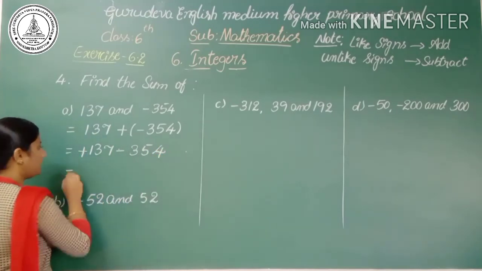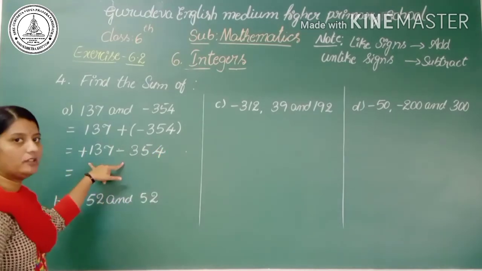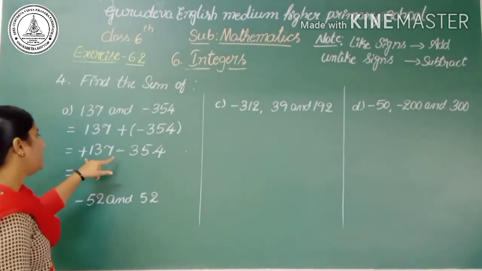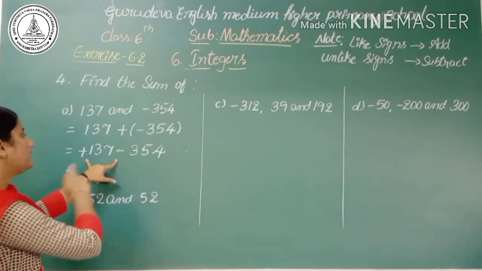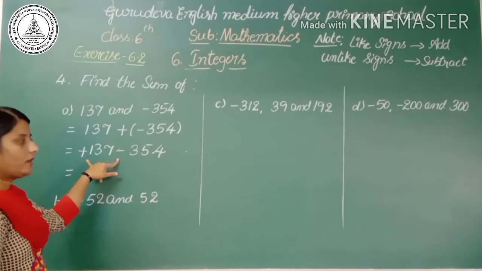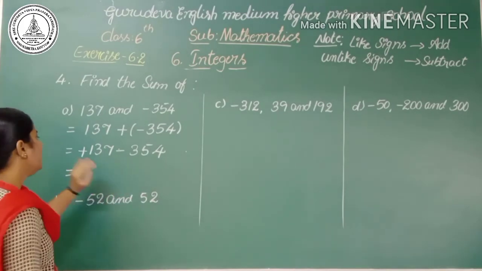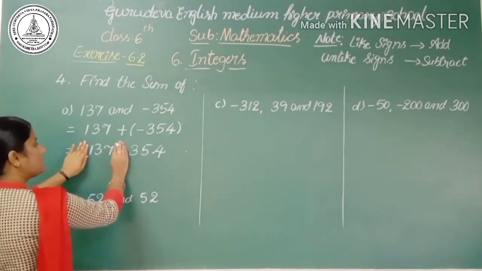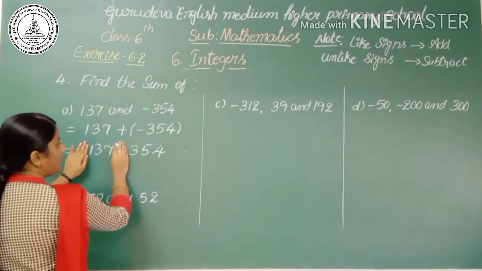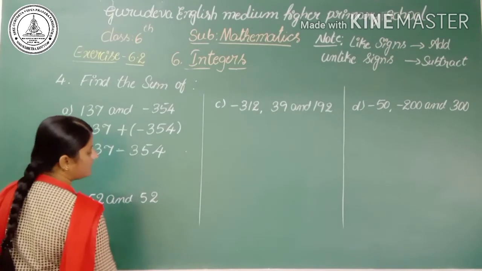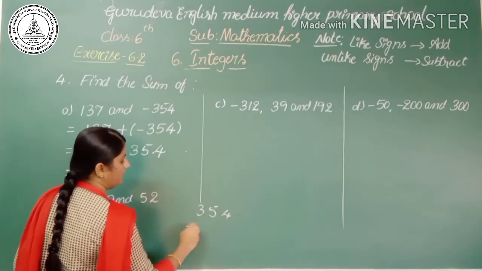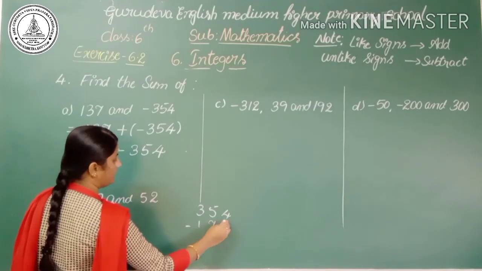Now you can see here these two integers have different signs. So if the two integers have different signs, we have to do the subtraction. While we are subtracting, we have to neglect the signs of the integers. Now subtract here 354 minus 137.